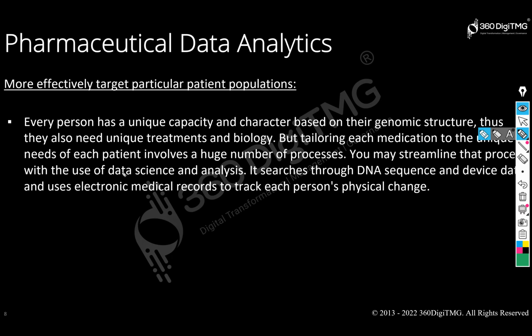So while creating a drug, a pill, or medicine, we have to keep all these criteria in mind, that these are DNAs and it should adapt for all. With that in mind, we have to do the analysis. So here comes our data science and data analysis work.